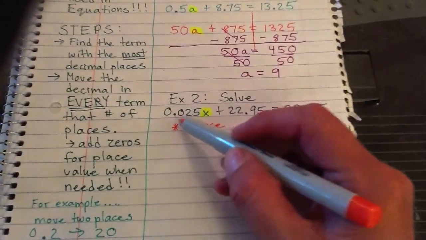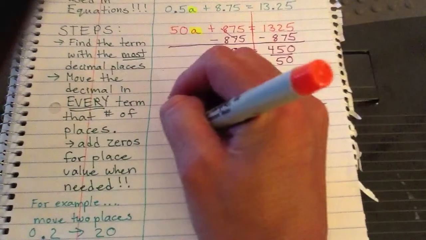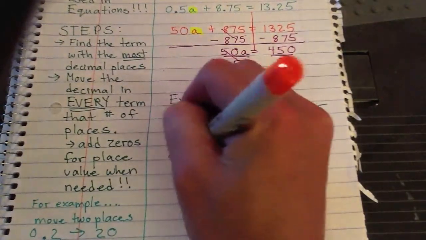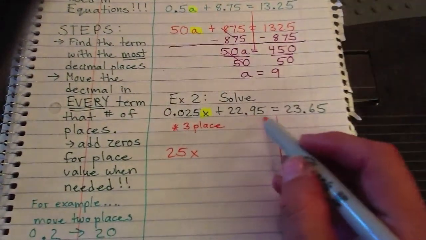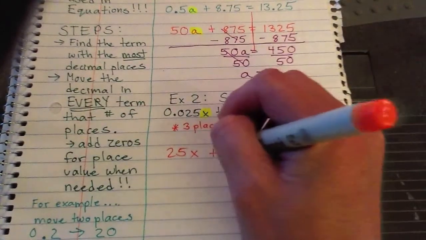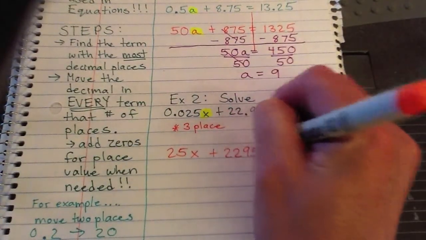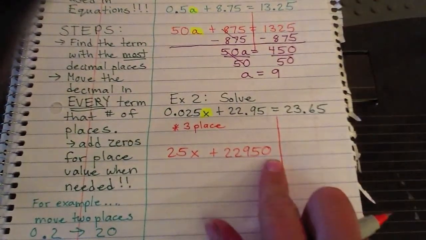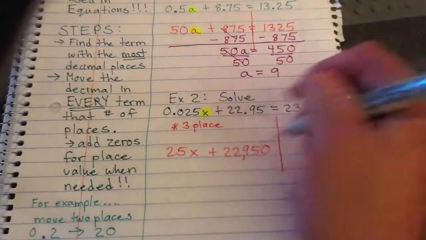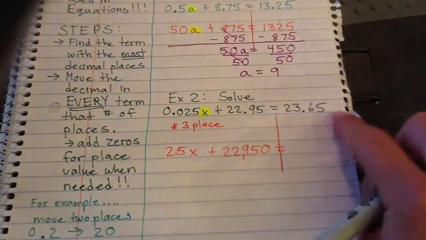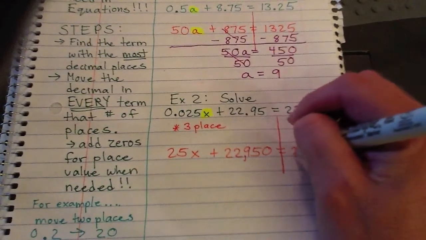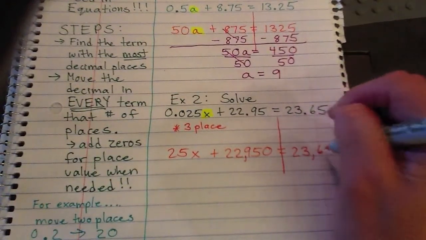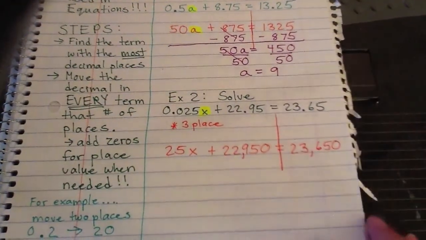So I move this back 3 places and I just get a 25. So 25x. I move this back 3 places and I need to add a 0. So it actually becomes 22,950. Equals, again, I need to move it back 3 places, so I have 23,650.